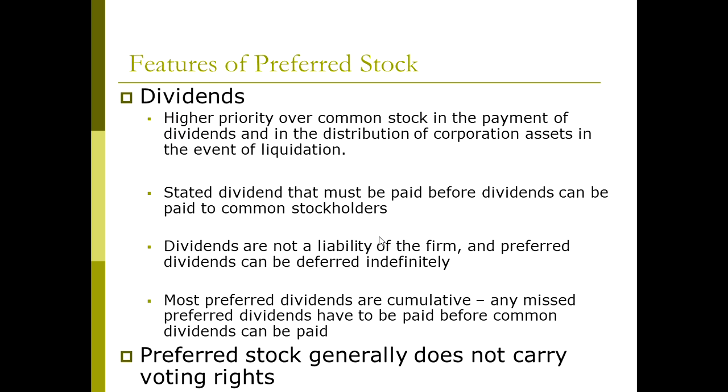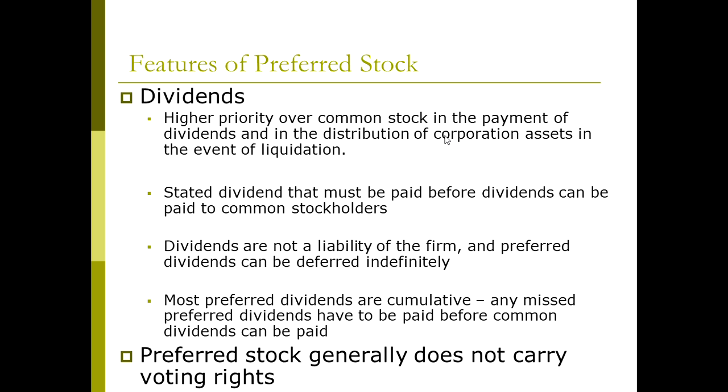So, some features of the preferred stocks. Preferred stocks generally do not have any voting rights, but they receive some priorities in terms of dividends. The preferred stock dividends have higher priority over the common stock dividends.